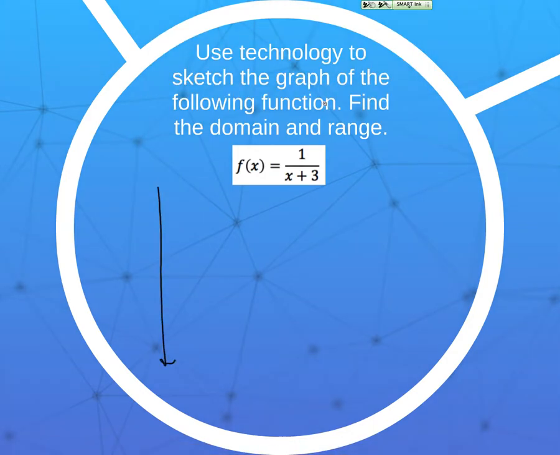So like I said, you just want to kind of put in key features like your asymptotes. And then we can graph it.